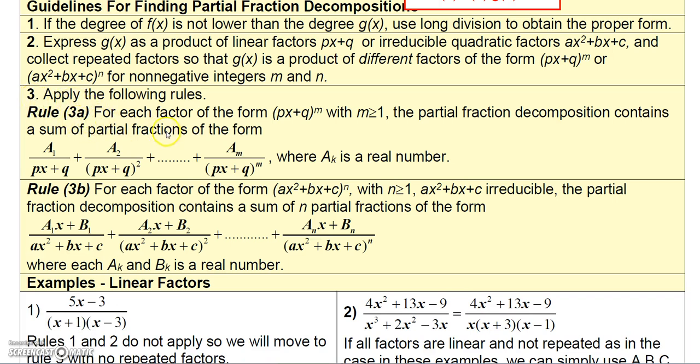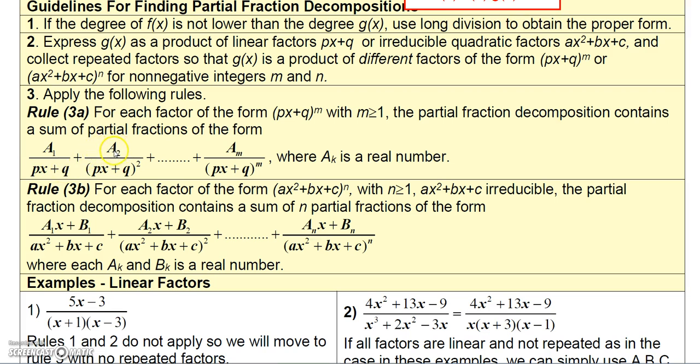In 3a, we're going to assume that all we have are linear factors. And if we have linear factors, then for every linear factor we have, we're going to write the rational function as a constant over each linear factor.